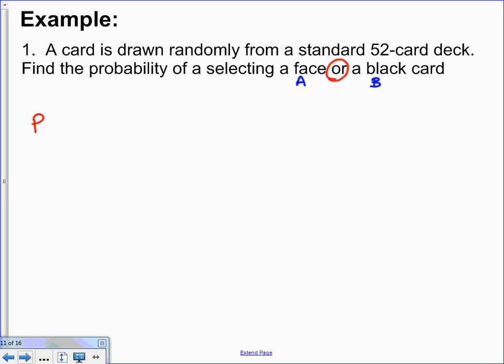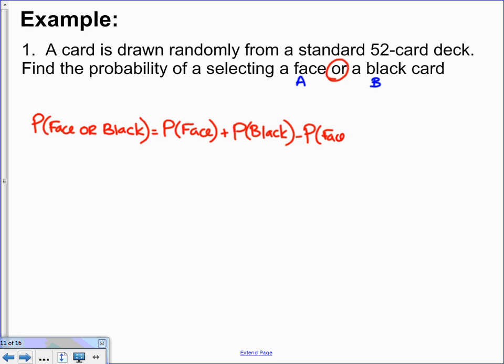The probability of a face or a black card is equal to the probability of a face card plus the probability of a black card minus the probability of a face and a black card.